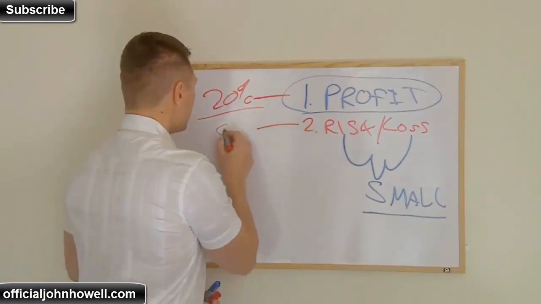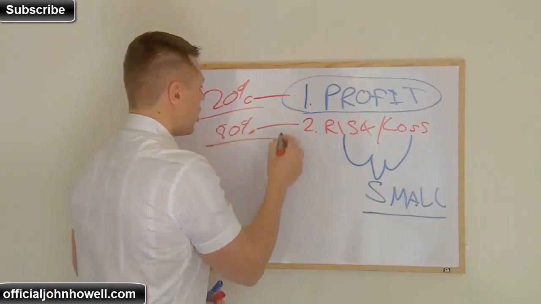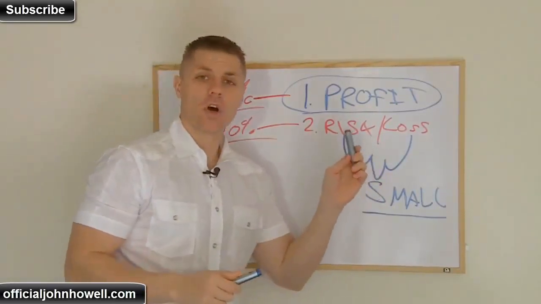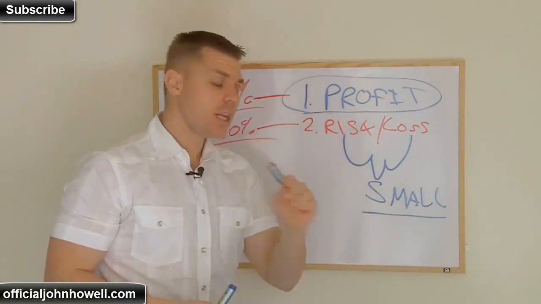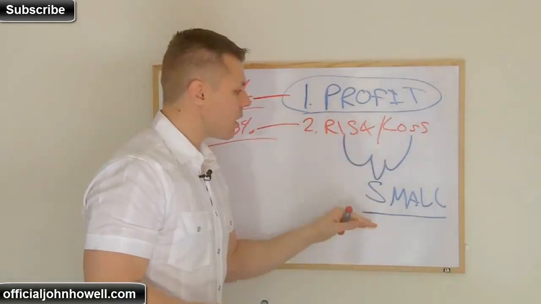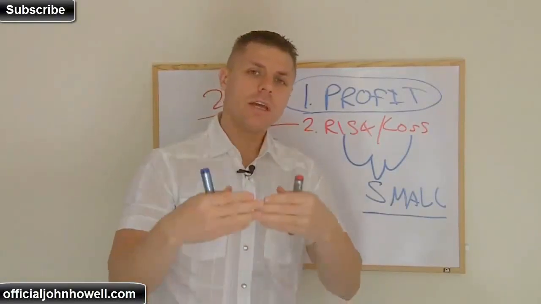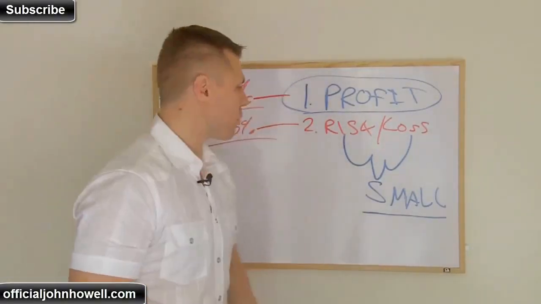But here, we need to have 80% of our focus on risk management, on the risk of the trade plus loss, and also keeping a loss small. And how do you keep your loss small? By having really good trade management.